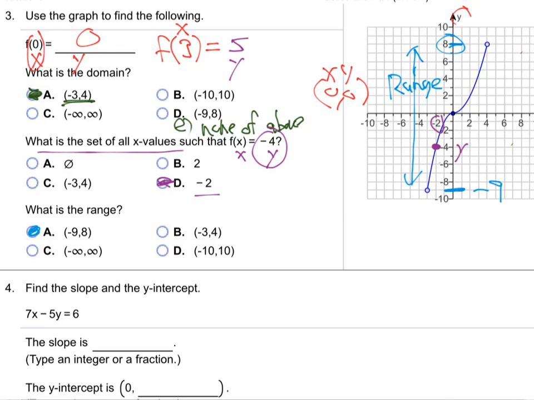There's nothing more to it. Find the slope and the y-intercept. How do you find the slope and the y-intercept? You just solve for y like you're graphing.